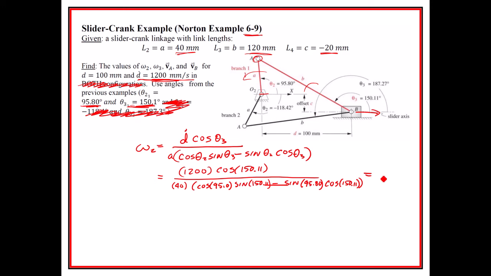And what we end up finding is we get negative 32.02 radians per second. So that means that that's going to be clockwise.